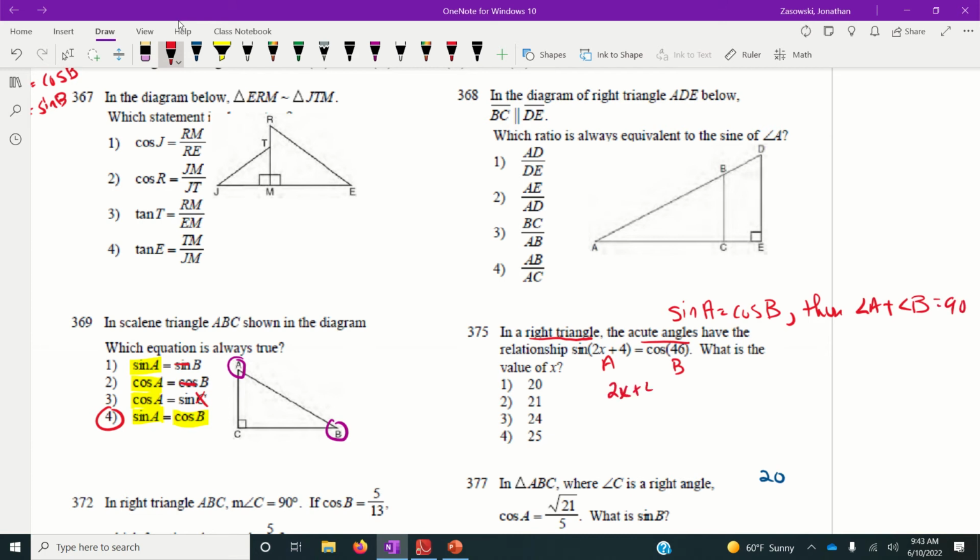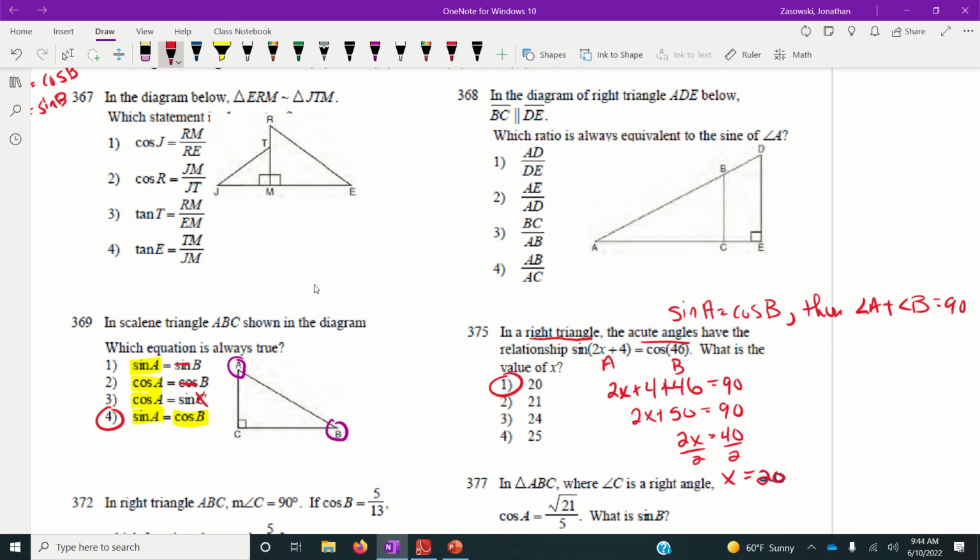So we would just set 2x plus 4 plus 46 is equal to 90, and then we could solve. So plug in and then combine like terms. We get 2x plus 50 is equal to 90. We move that 50 over to make 2x equal to 40. And then we would divide by 2, so we get x is equal to 20. And there's our answer for the number 375.